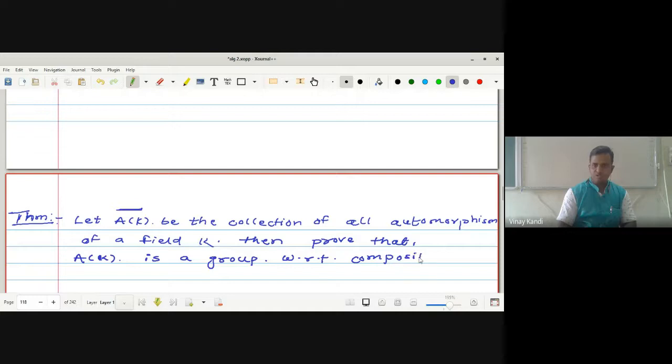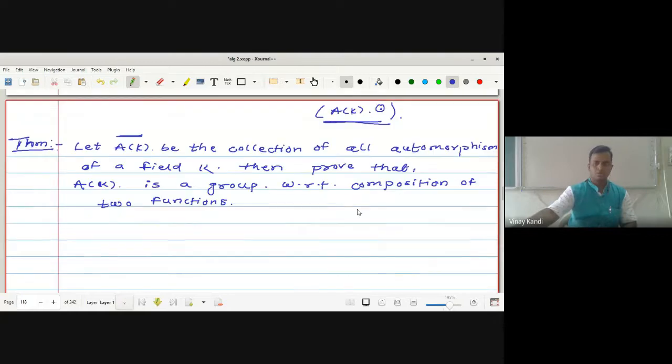Composition of two functions. What is the operation? Composition of two functions. Okay, that means the set A of K with this composition, this algebraic structure forms a group. Okay, now proof. Any doubt in the statement?